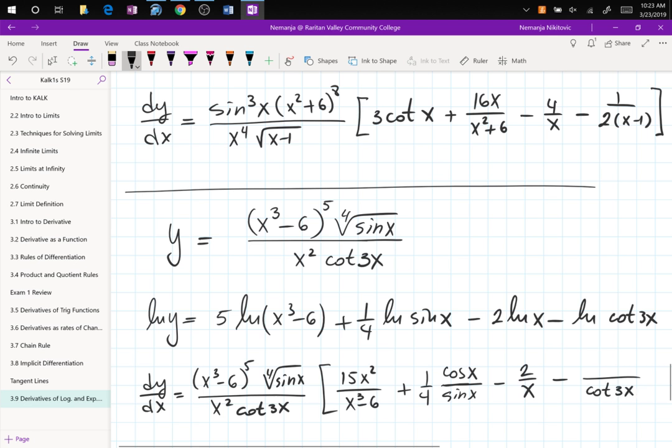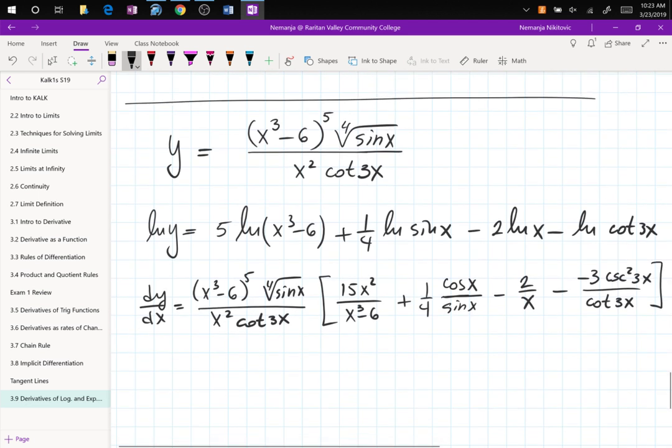And what is the derivative of cotangent? Negative 3 cosecant squared 3x. Very good. We have to get that negative there because it's a negative 3, because it was a 3x. And there you have it. That's the derivative.